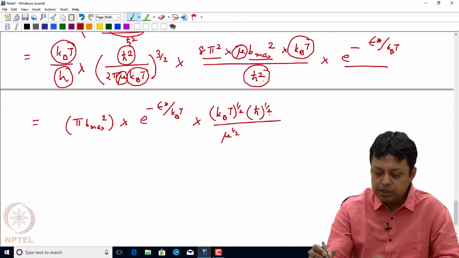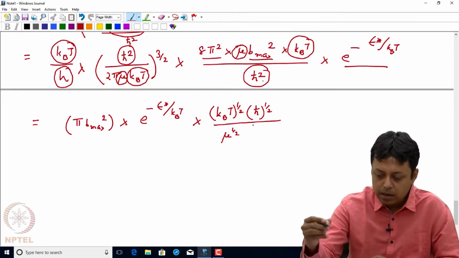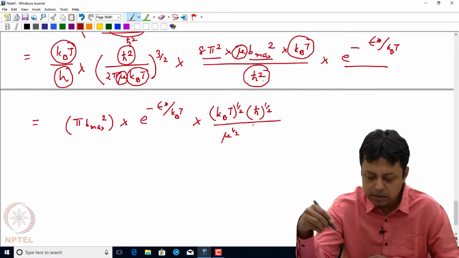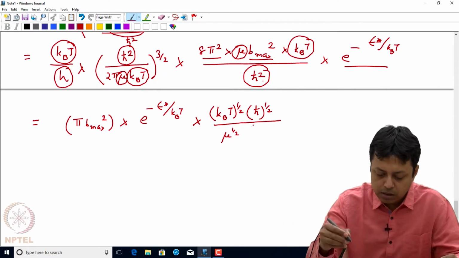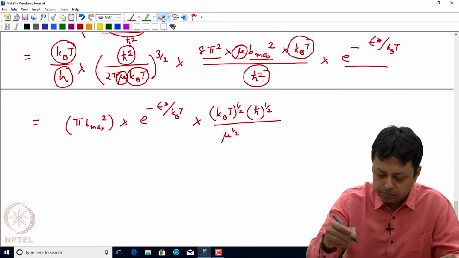But then also h bar is nothing but h by 2 pi. So in that sense I can write it as h by 2 pi, and then we can easily figure out how it gets cancelled. So let us just do it.